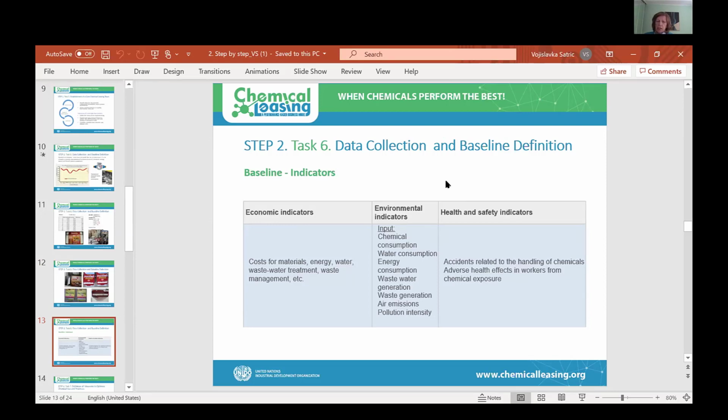In some cases, we don't have accurate data, but assumptions, but it is good enough for a start. Also, health and safety indicators. One of the principles of chemical leasing is to substitute hazardous chemicals with less hazardous or non-hazardous ones. So the health of workers is very important to know from chemicals.